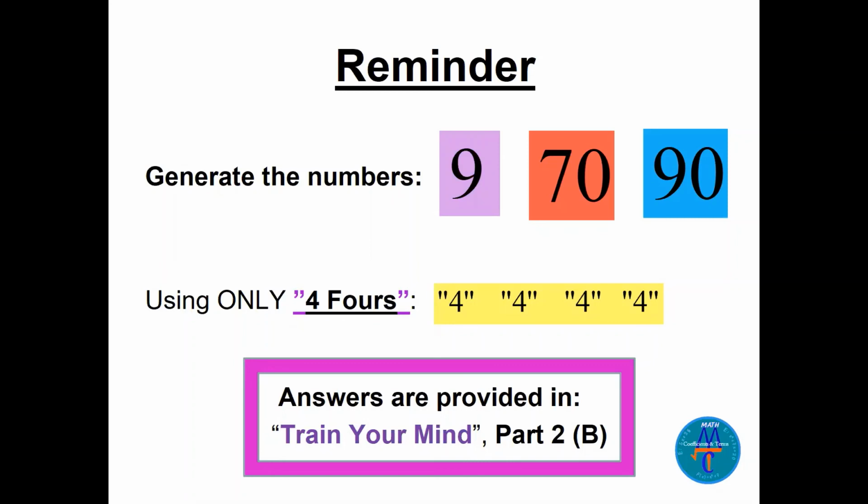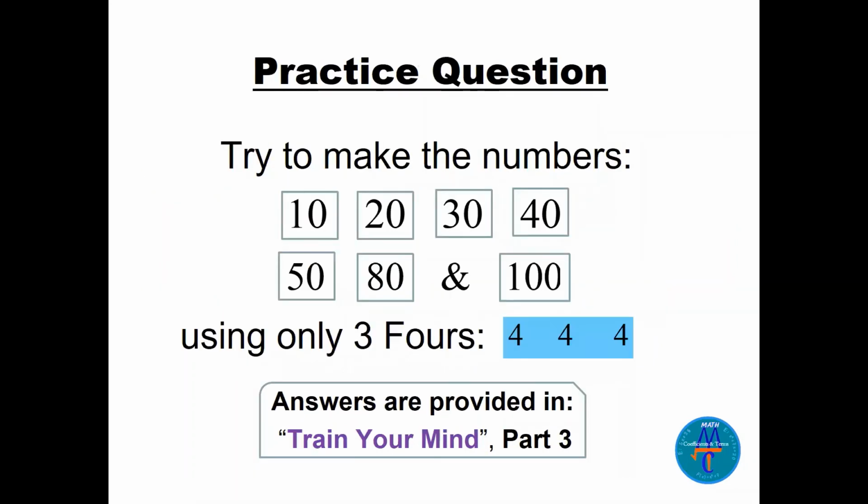And now, a little practice I gave you before this practice. Try to make 10, 20, 30, 40, 50, 80, and 100 using only 3 4s. And answers for this will be provided later in Train Your Mind Part 3.